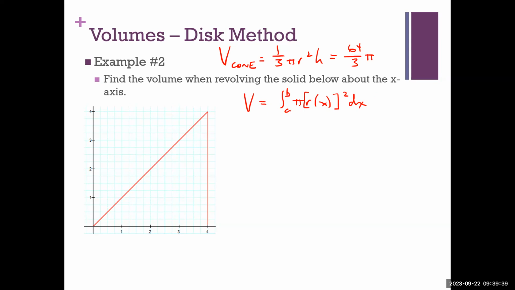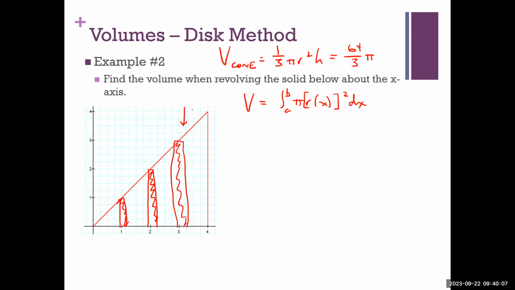So how can we define the radius in this situation? If I draw rectangles at different places, they're going to have very different radii. Is it just x?